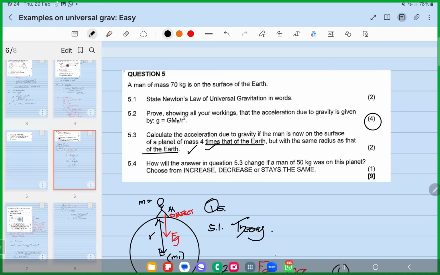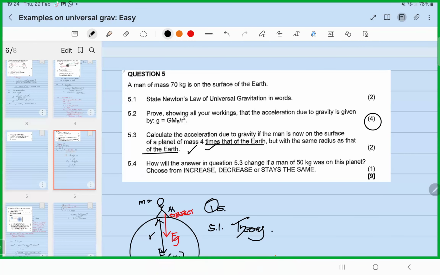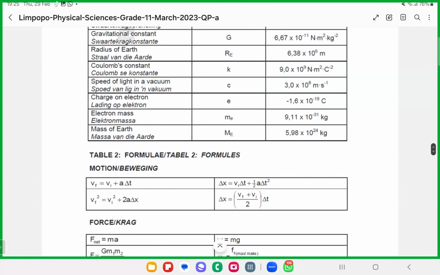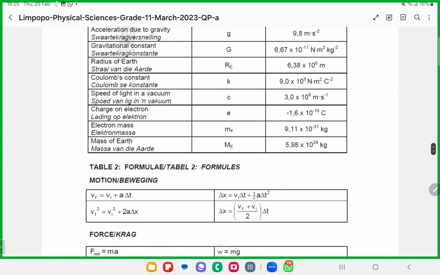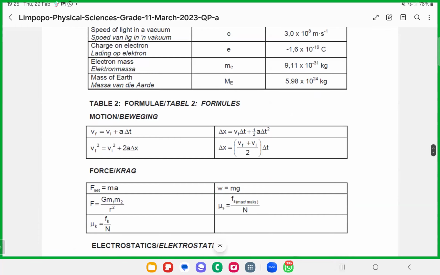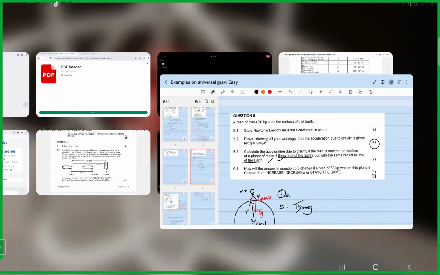So if I'm lucky and I have the paper here, I can go straight to my paper and double check that the mass of the Earth is 5.98 times 10 to the 24, and the radius of the Earth is 6.38 times 10 to the 6. Right? It will be on your data sheet, so please look for this. Now, learners sometimes don't know that it is actually on your data sheet. So look for these constants because they will be provided for you, and please use them.